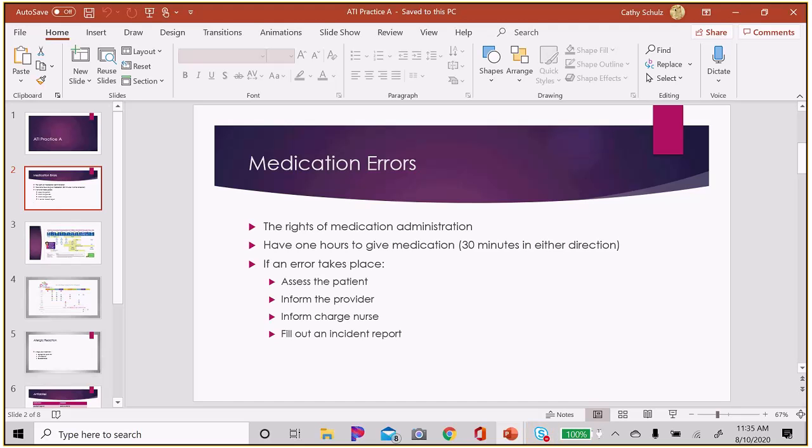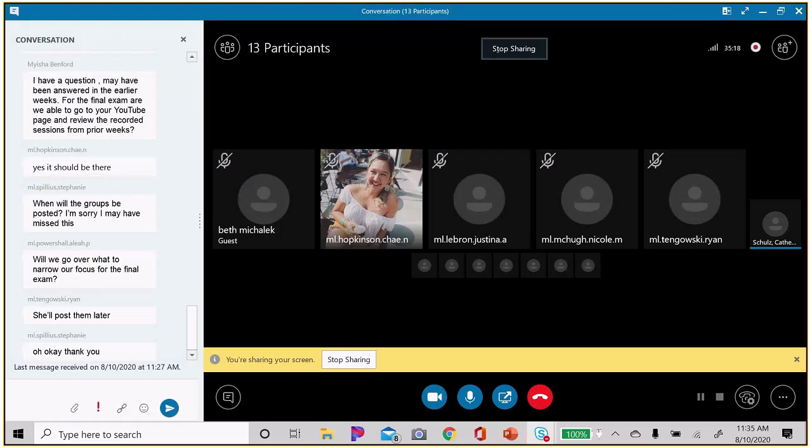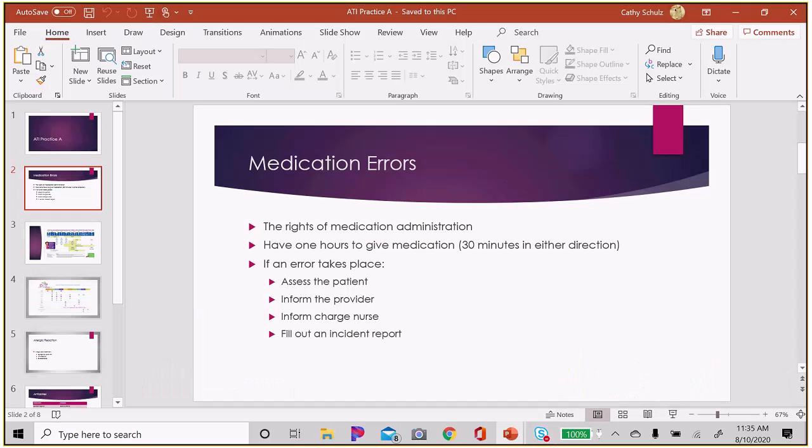If an error takes place, there were a couple of questions about what to do. You have to first assess the patient. There were about 2 questions where somebody got a blood pressure medication when they weren't supposed to, and somebody got a blood sugar medication when they weren't supposed to.